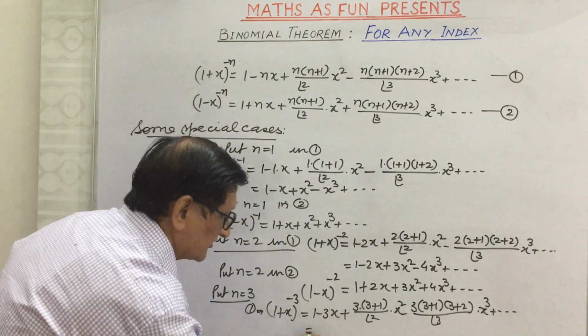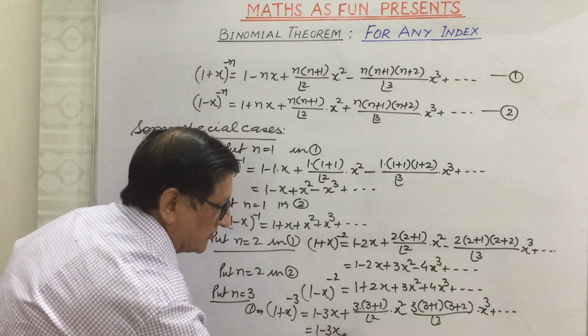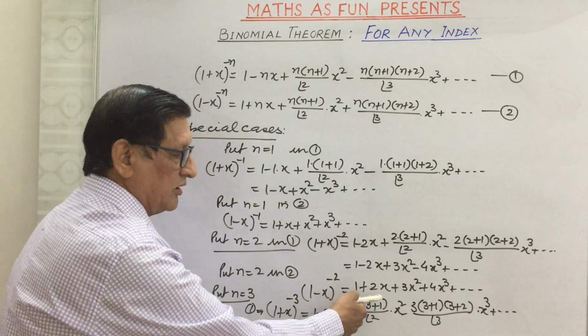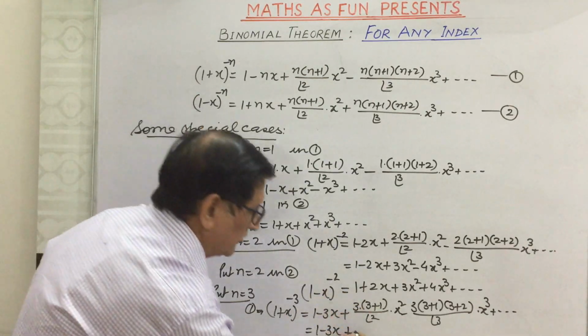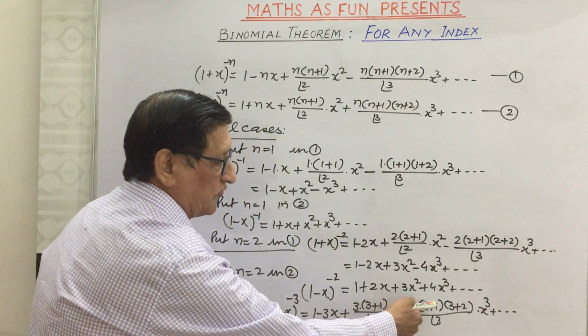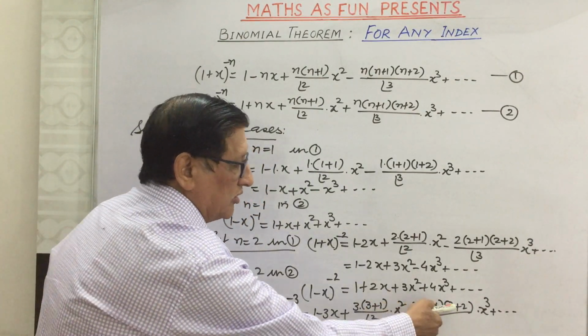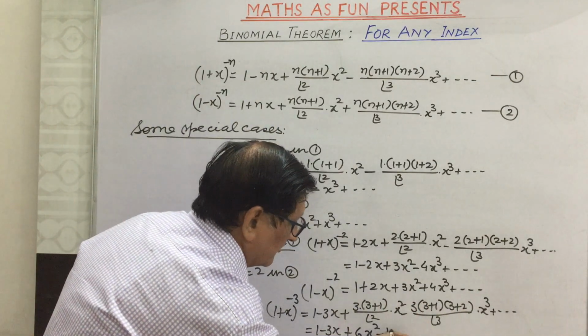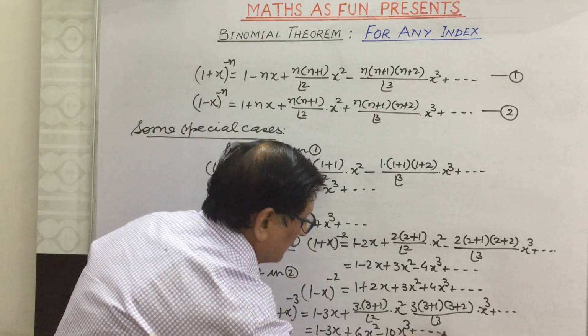And this will give us 1 minus 3x plus 3 into 4, 12 upon 2, 6x square minus 3 into 4, 12 and this will cancel, 2 into 5, 10, so it will be minus 10x cube plus so on.